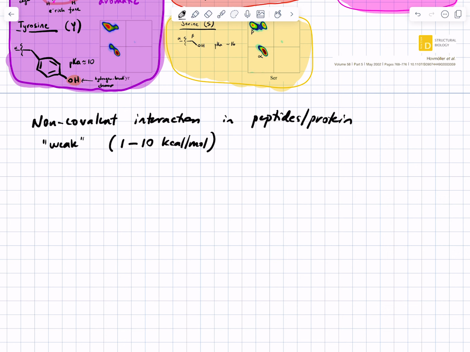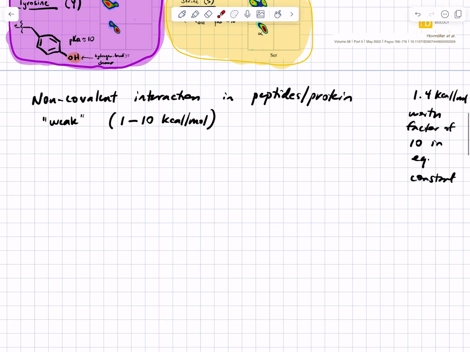So they're weak, but if you remember the number I told you before, that a difference of about 1.4 kilocalories per mole is worth a factor of 10 in equilibrium constant, you can see how non-covalent interactions could dramatically influence equilibrium constants for a process. Like, for example, protein folding.